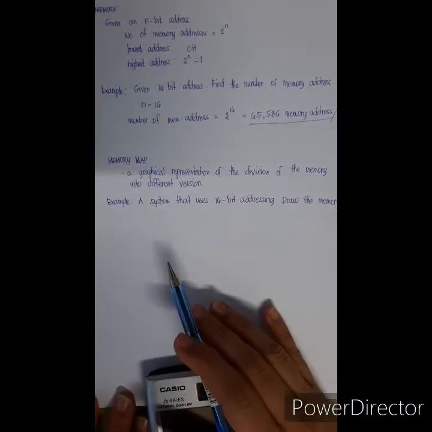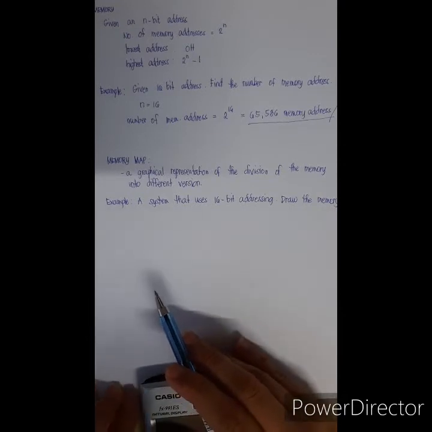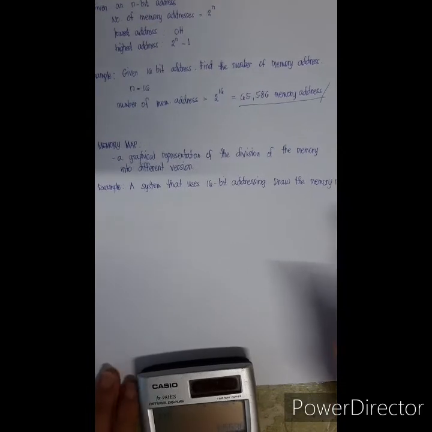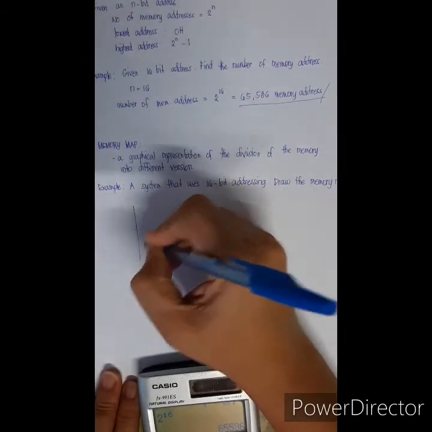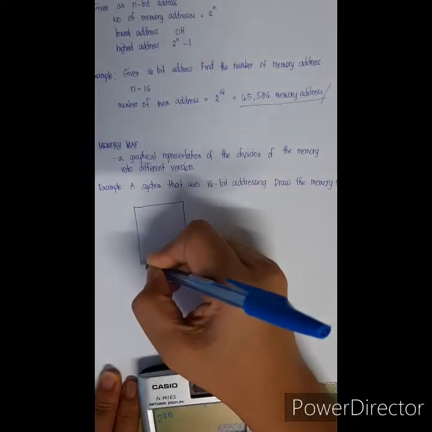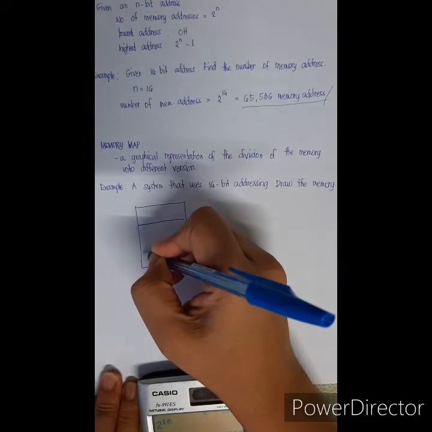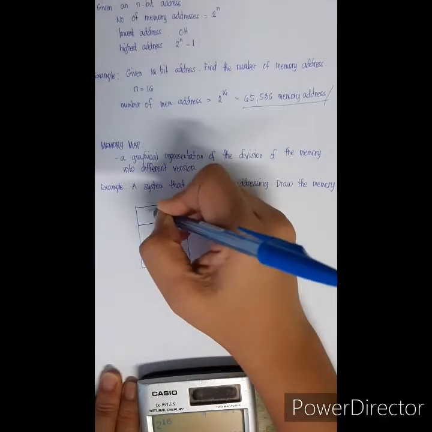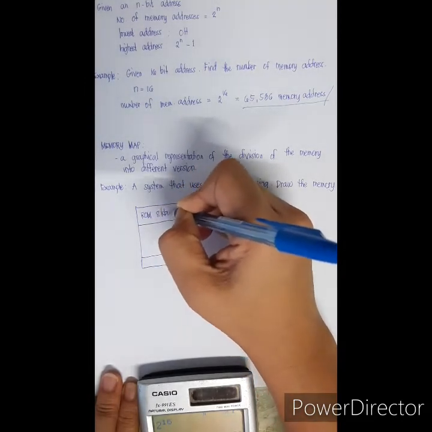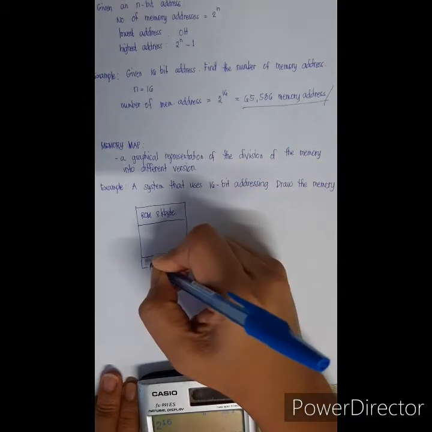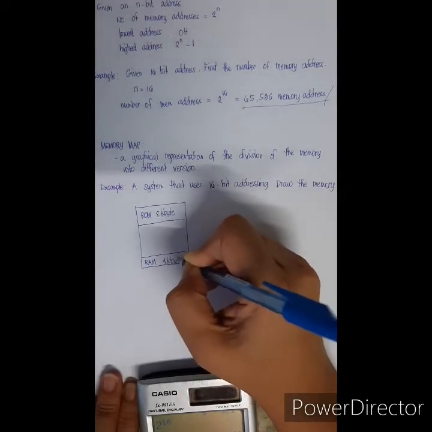A memory map is a graphical representation of the division of a memory into different portions. So, for instance, a system that uses a 16-bit address, draw the memory map. We are using a 16-bit memory address for this one, and it is divided as: we have a ROM having an 8 kilobytes memory, then a RAM of a 4 kilobytes memory.